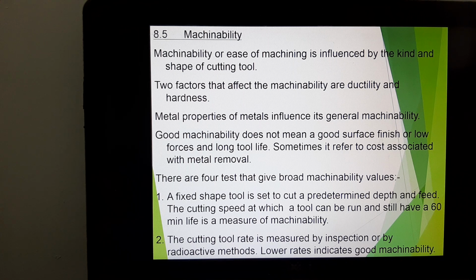What is machinability? As an industrialist, if you go down to the manufacturing floor and ask the people working over there, is this product a good machinability? Do you think that this product has been machined well? Most of the time, what comes to your mind first would be the appearance of the product.